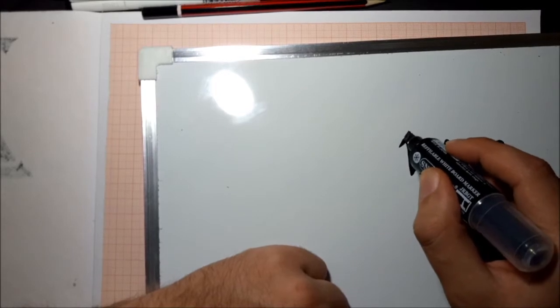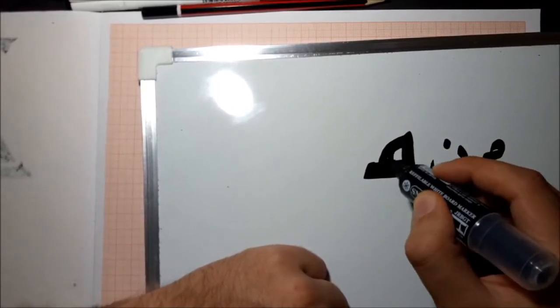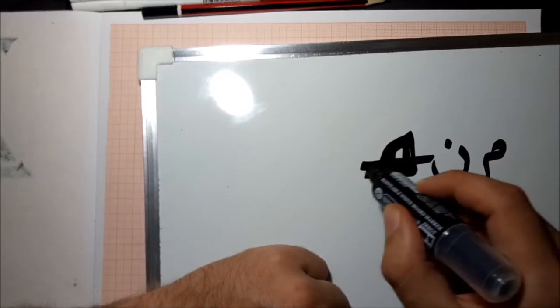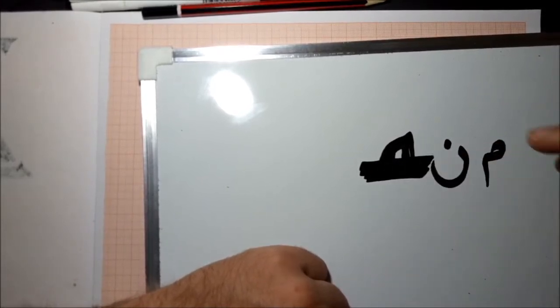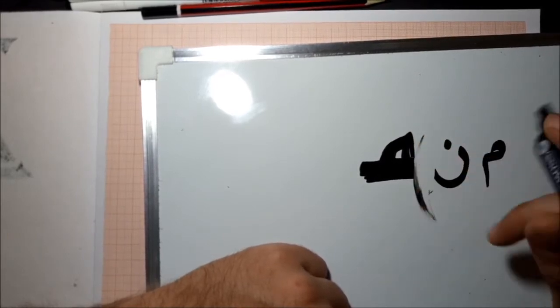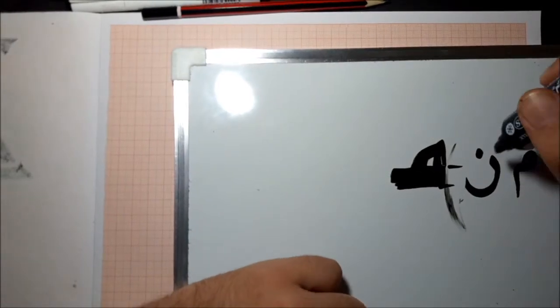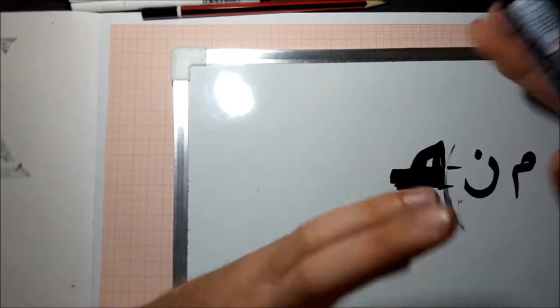At the beginning it looks just like a Fa and a Waw and a Qaf, but it's connected from the baseline. If it was at the beginning it will look like this. If it was connected, you connect this side, or you take this shape and you round it.